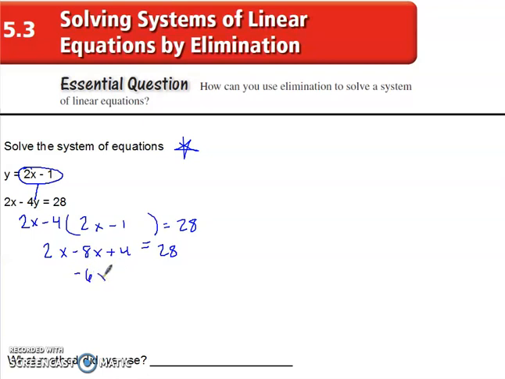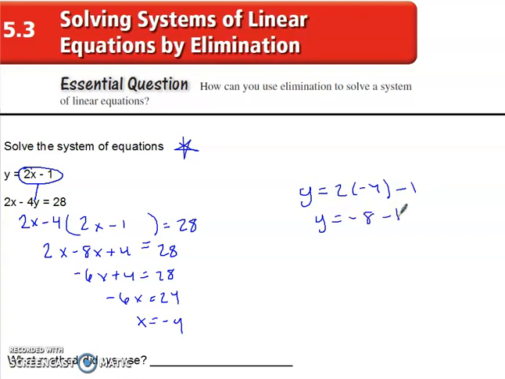So negative 6x plus 4 is equal to 28, subtracting 4. I find out that x is negative 4, and then I go back to find y. Y is negative 8 minus 1, so y is negative 9, giving me the solution of negative 4, negative 9.